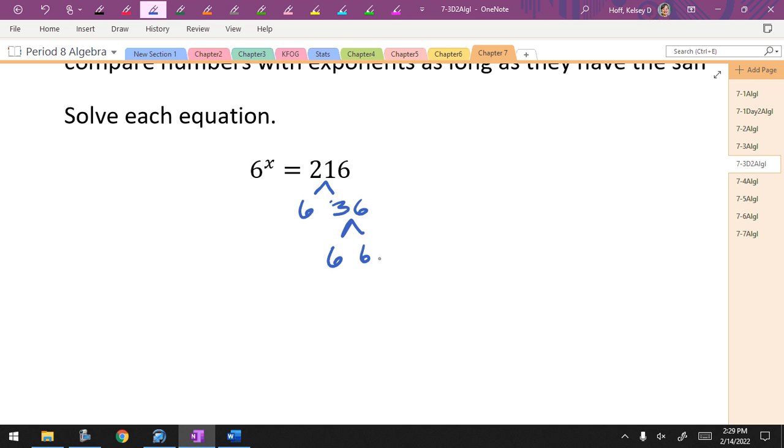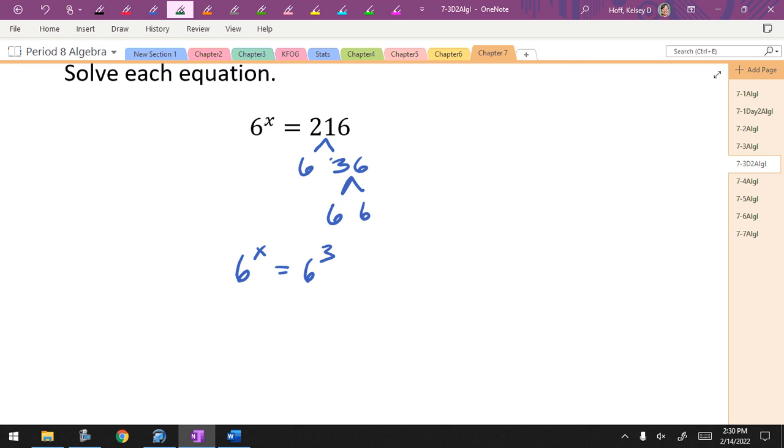Everybody follow how I did that? Okay? So really, 6 to the x is equal to 6 to the 3rd. All I've done is change 216 to be 6 to the 3rd. Do you have the same base? Here's where the magic occurs. When you have the same base, you drop the base, and you set the exponents equal to each other. x equals 3.